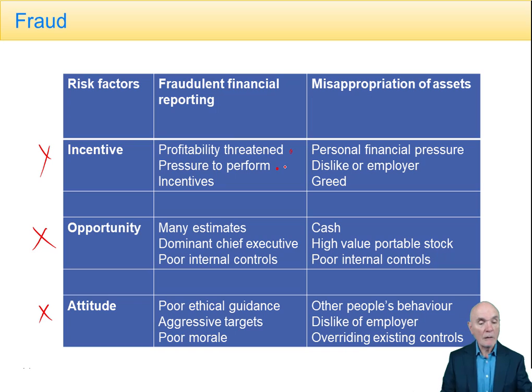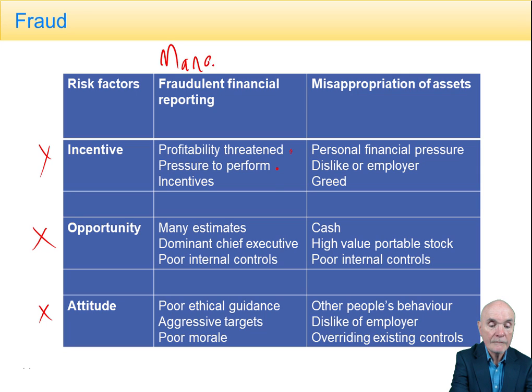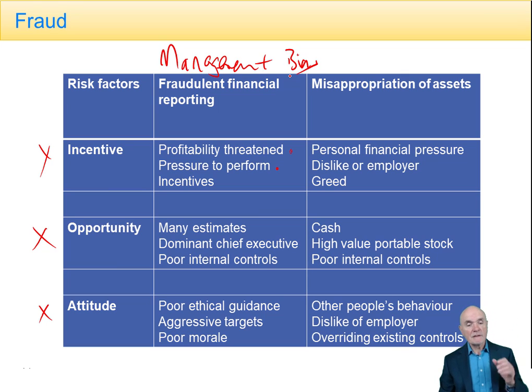And if you remember, at one stage we mentioned an idea of management bias. Management is pushed a little bit into, first of all, optimism, but at some stage optimism becomes outrageous optimism, and then it effectively becomes lies.